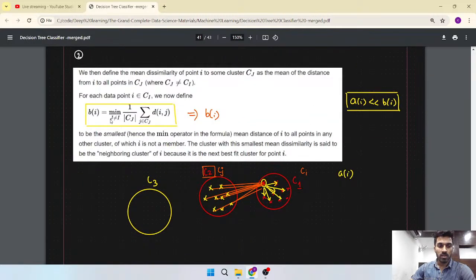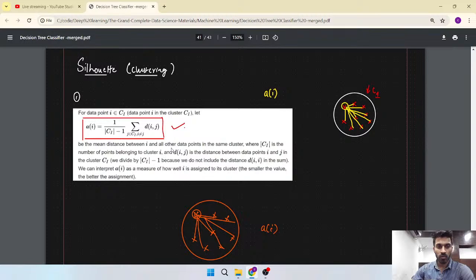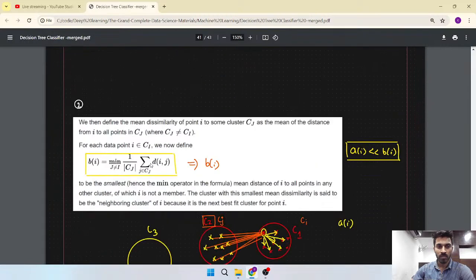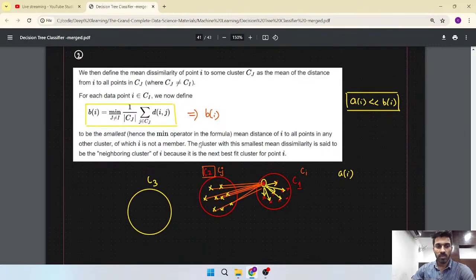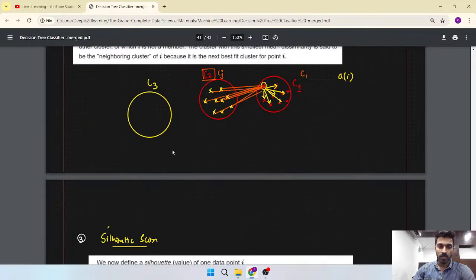And the second formula is for a(i). To find b(i), you have to find the distance from this cluster to this cluster. For this point you find the distance, for this point again, for all of these points, and you will get b(i).